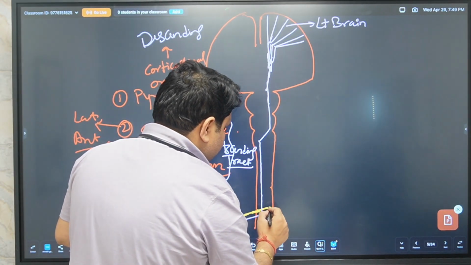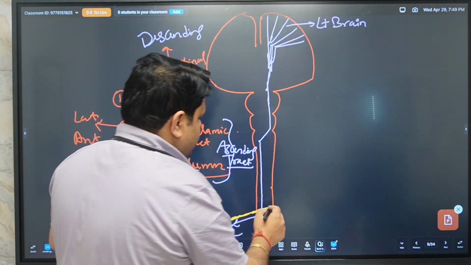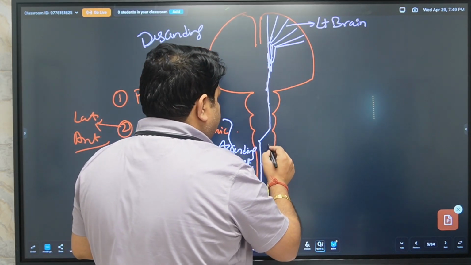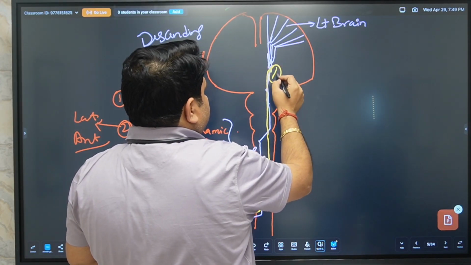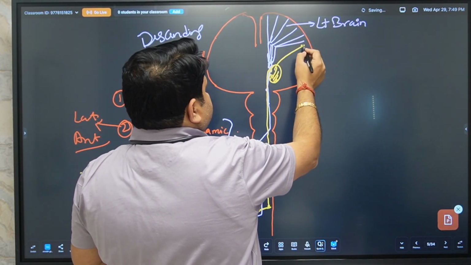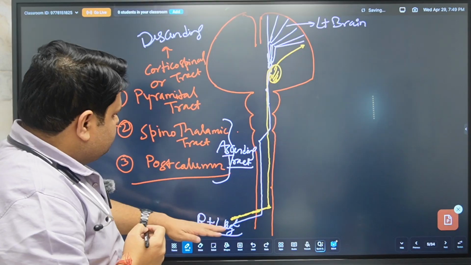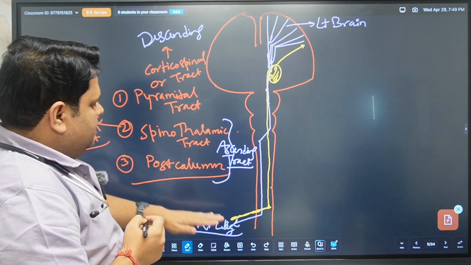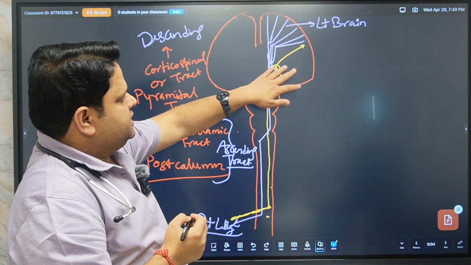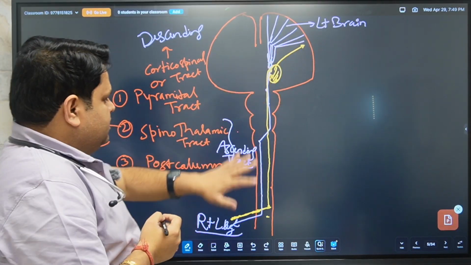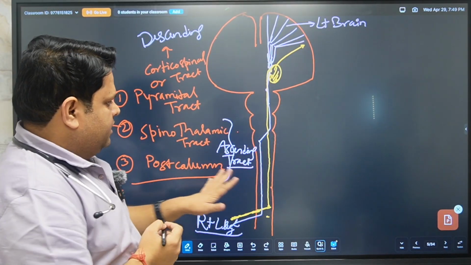So this fiber crosses the spinal cord at the same level and goes up, reaches the thalamus and then the sensory cortex. So the spinothalamic tract crosses the midline at the level of the spinal cord, reaches the thalamus and the cortex. This is called the spinothalamic tract.